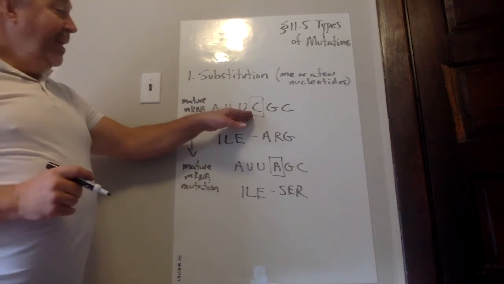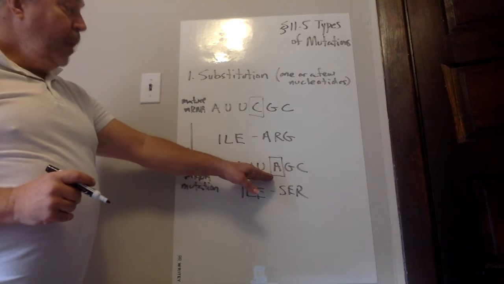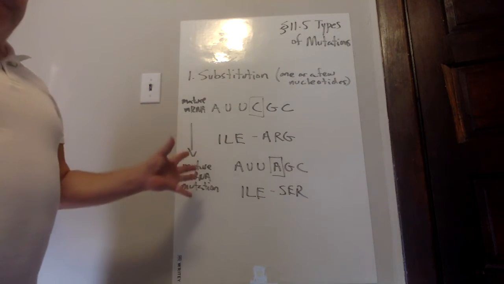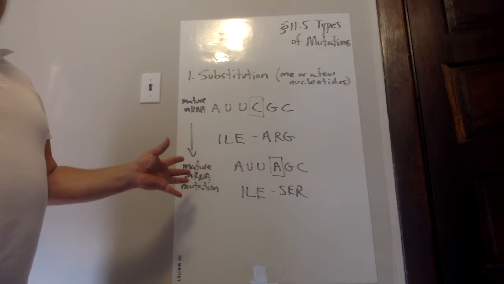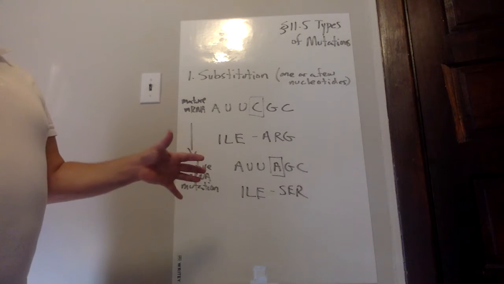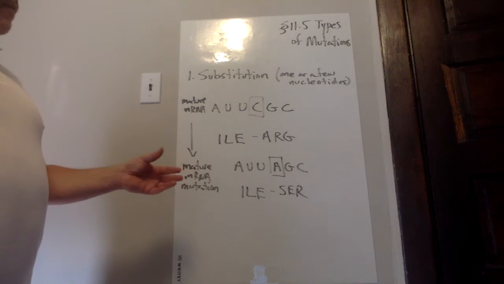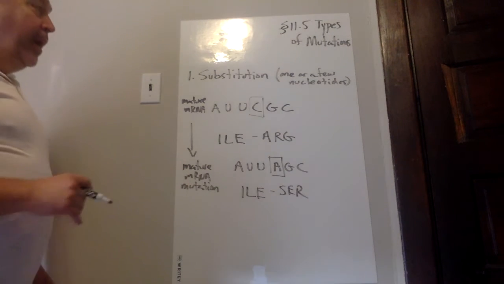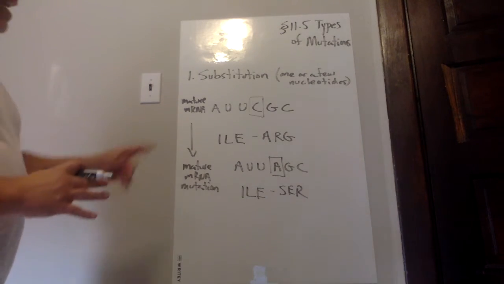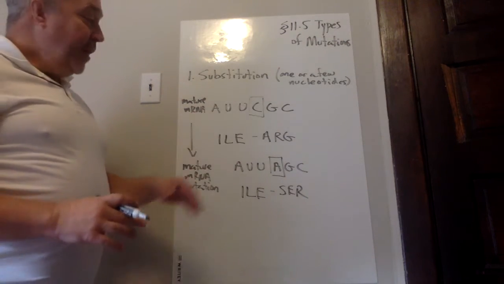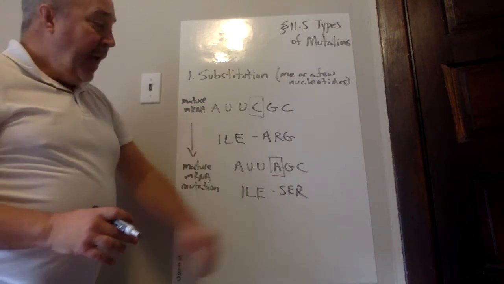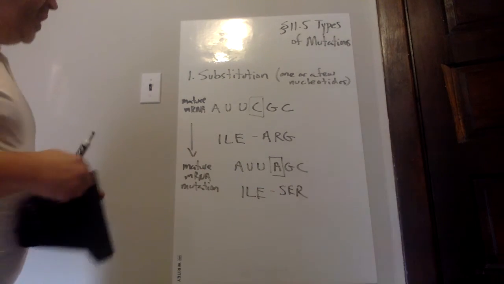So if you have a single letter replaced, that is called a substitution mutation. It can be caused by any of those reasons we discussed earlier. It could be spontaneous, it could be a tautomeric shift, it could be a physical factor like radon, it can be a chemical factor, a mutagen. Anything can cause this. Once it does, you can see it has the possibility of changing our protein.